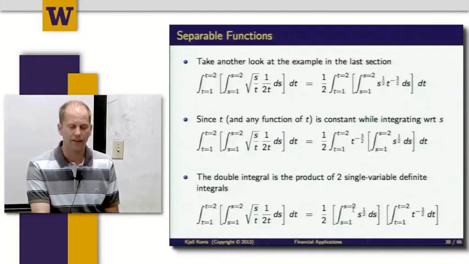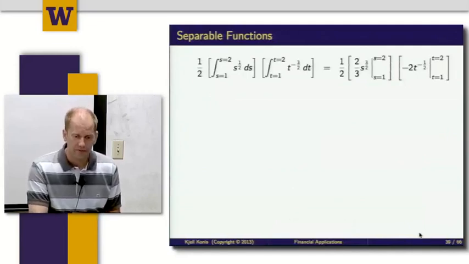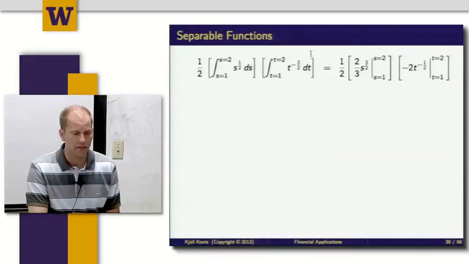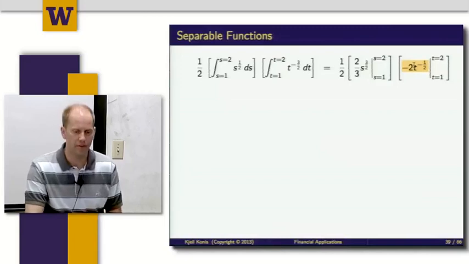And now this is going to be obviously quite a bit easier because I can do each one of these integrals independently now. So here I've just computed the antiderivative of the first function, the antiderivative of the second function, then I'll have to evaluate them at their limits and subtract.